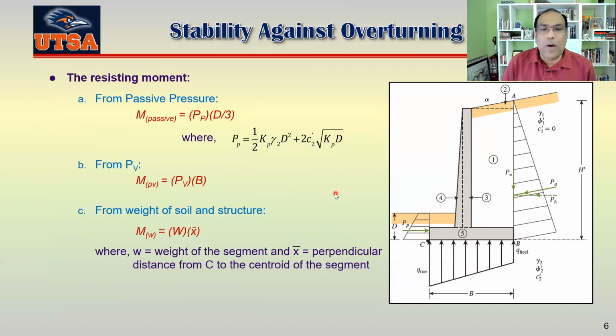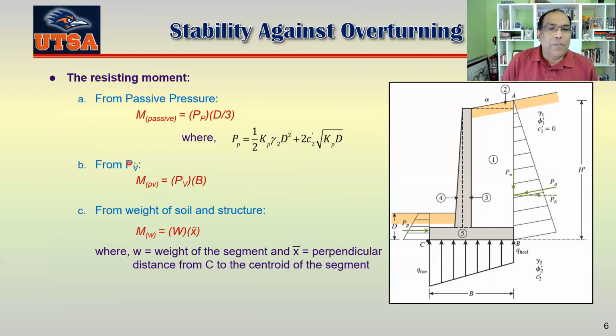So the counterclockwise rotation moment is basically the driving moment, and the moment that's trying to resist that one is the clockwise moment with respect to point C here, okay?